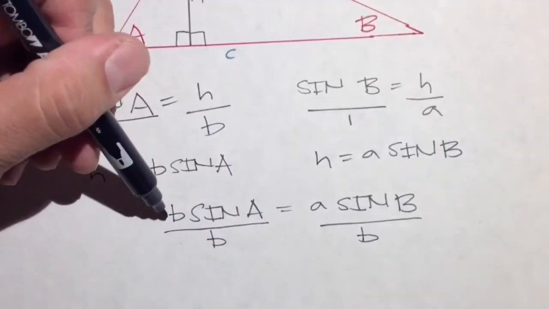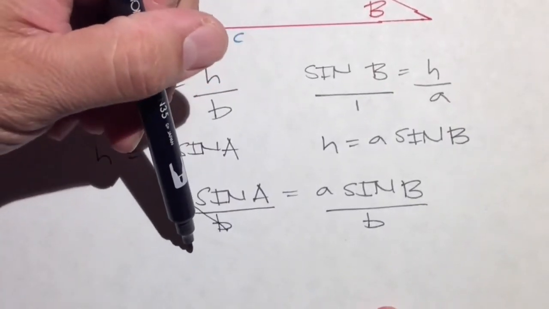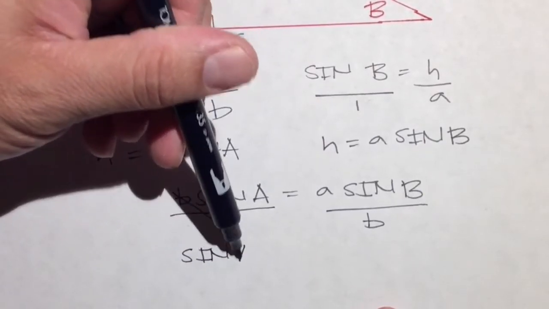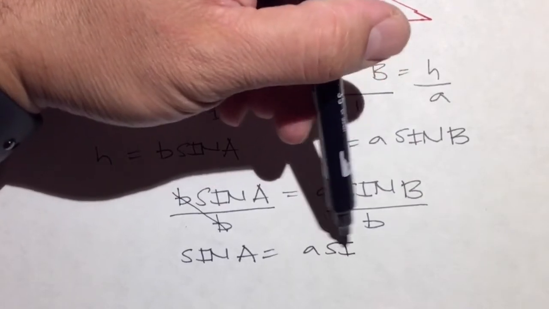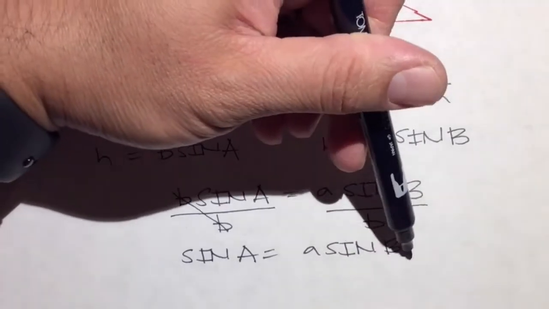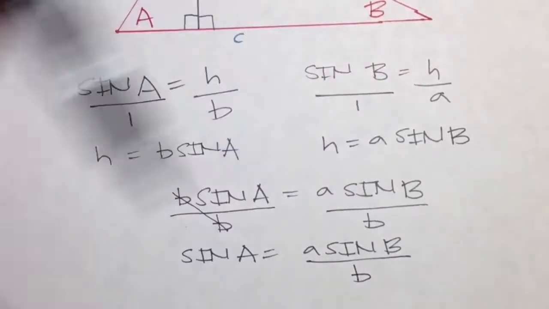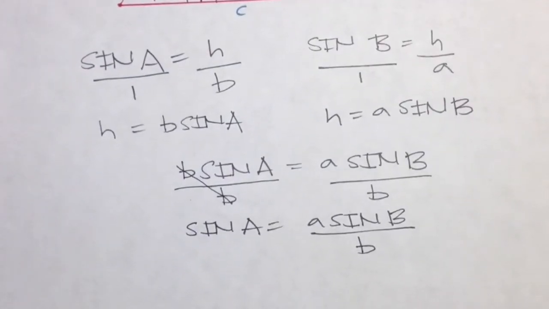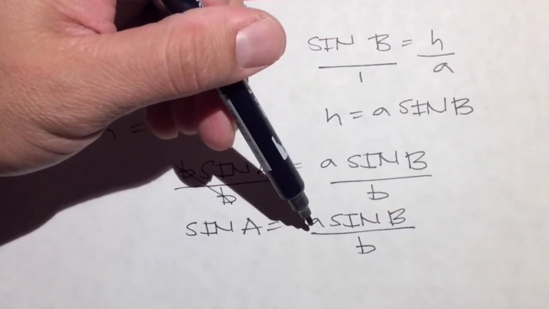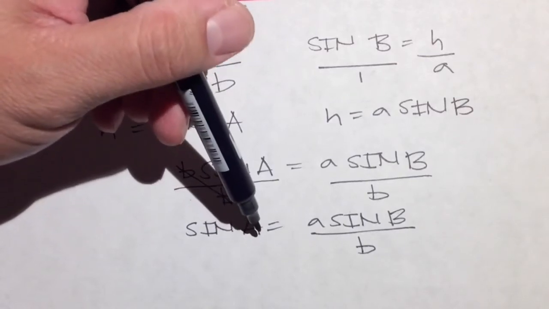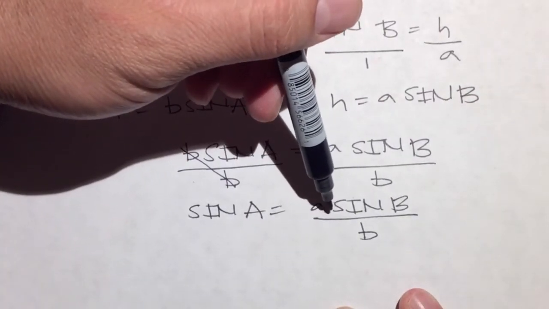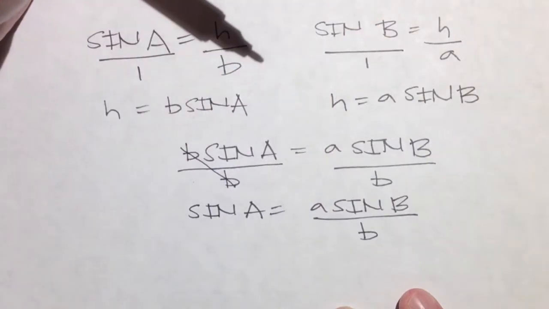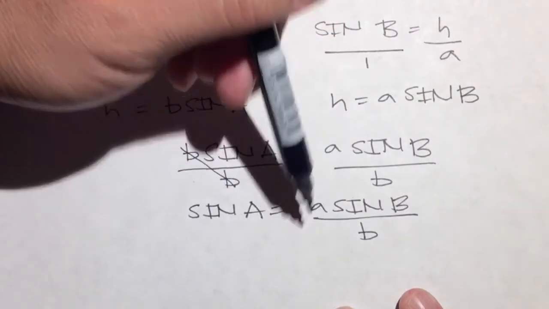These b's cancel out, and we're left with sine of angle A is equal to A times sine of angle B over side B. Now I want to get this A to the other side to join the uppercase A. So this A is multiplying sine of angle B, so the opposite of multiplying is dividing.